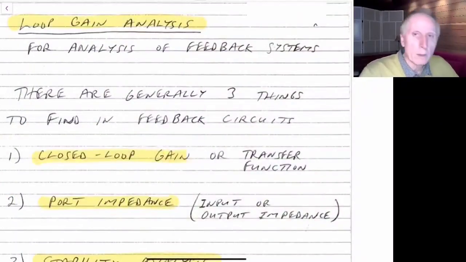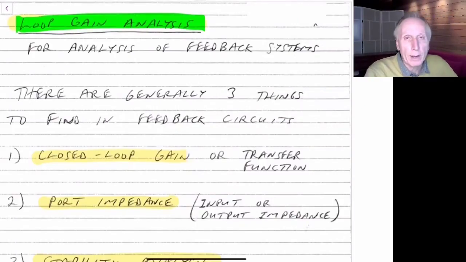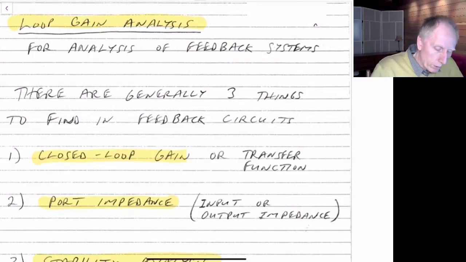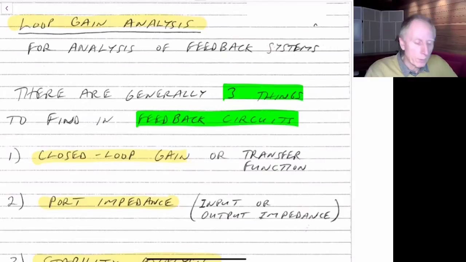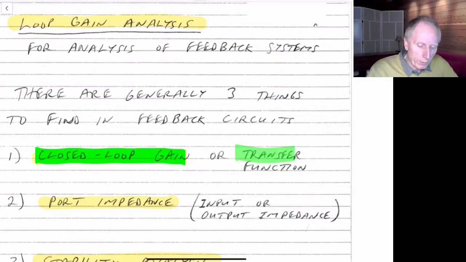We'll be looking at a hand analysis technique for doing loop gain analysis on circuits. There are generally three main things that we're trying to find in feedback circuits. The first is closed loop gain, or the transfer function of the system.